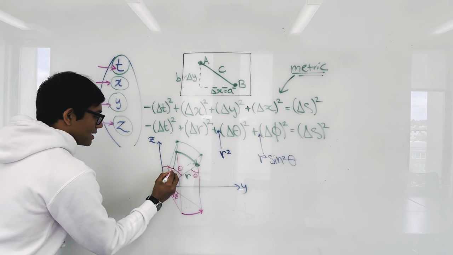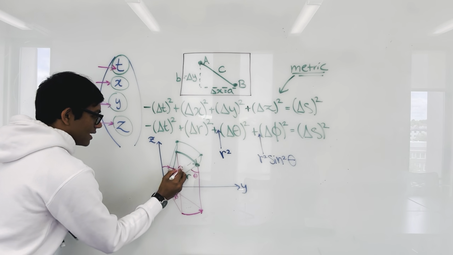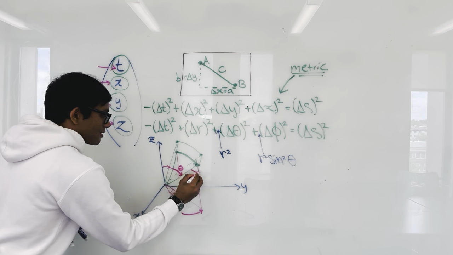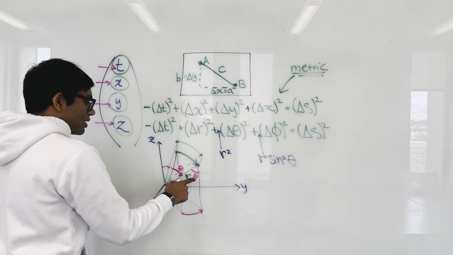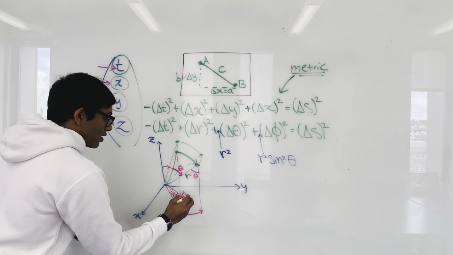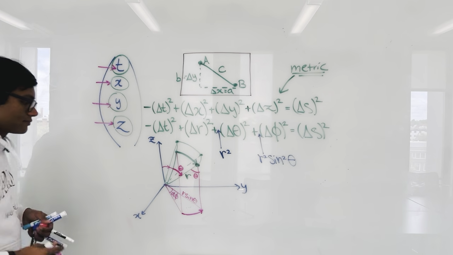That means, if this is r and this is theta, then this here is r sine theta.